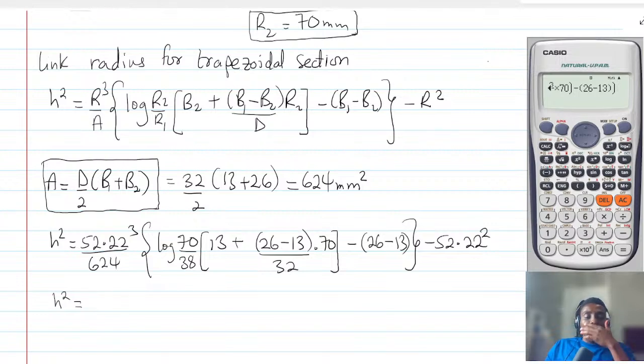If you put everything correct inside here, you are going to get somewhere around 82.9. So I want you to go back and look at it again.